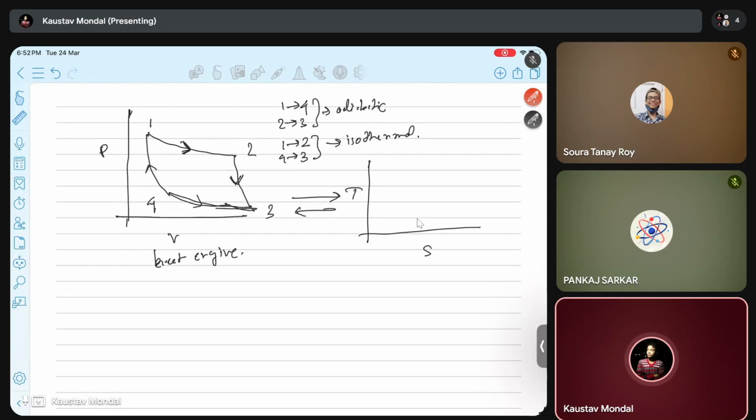You can draw the isotherms as straight lines along this axis, so these will be the two isotherms, 1 to 2 and 4 to 3. And the adiabats will be straight lines along the T-axis, so this will be the adiabats 1 to 4 and 2 to 3. So it's a kind of rectangular shape.